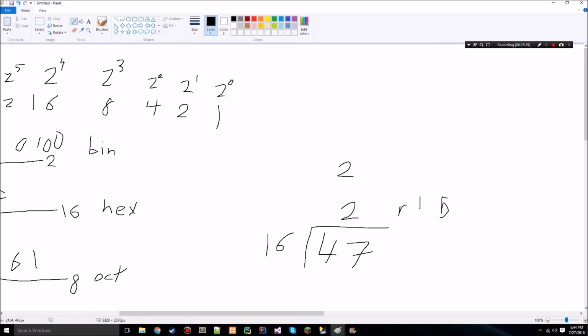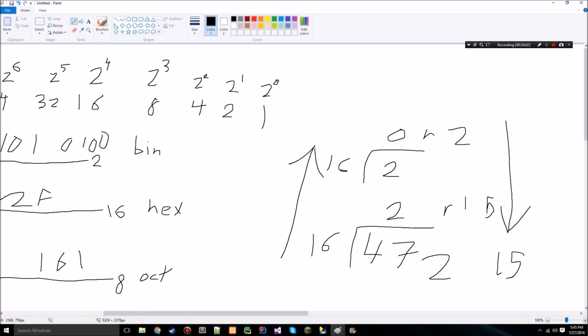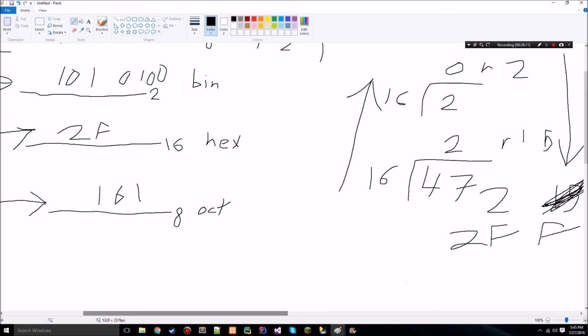Then we do 2 divided by 16, and we get 0, remainder 2. So up the mountain, down the mountain: 2, 15. 15 is represented by F. So 2F.